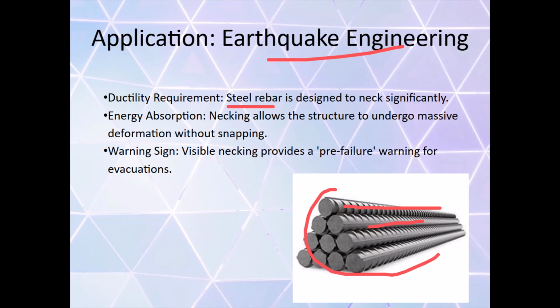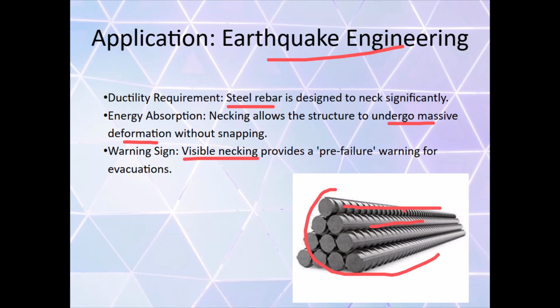As you all know, these steels are used in making buildings. They are used because during an earthquake the necking starts and the steel undergoes massive deformation. A question may arise: why use a material that undergoes massive deformation?